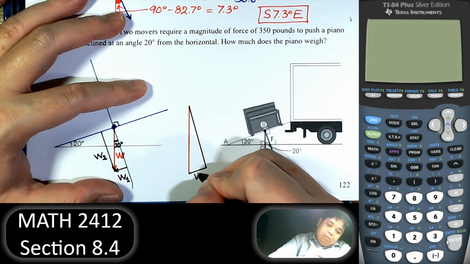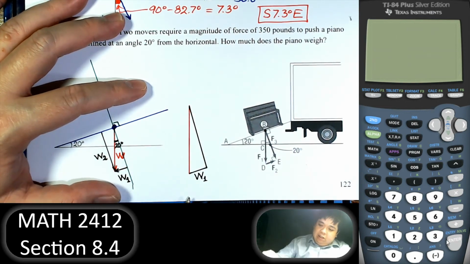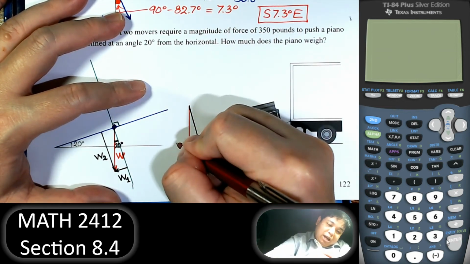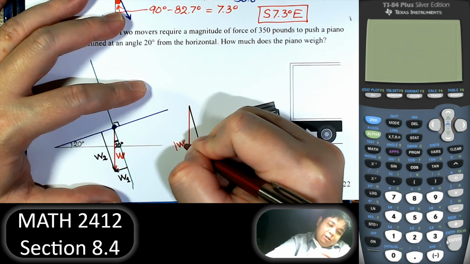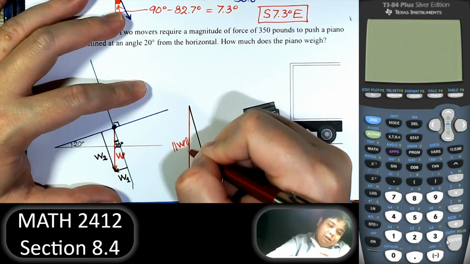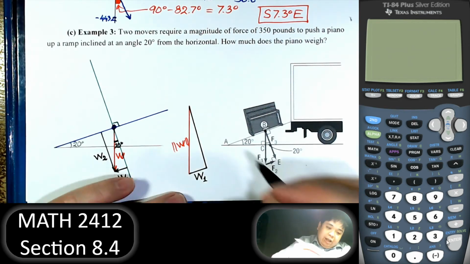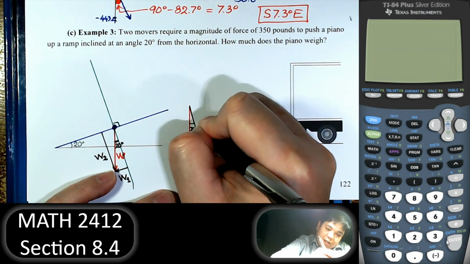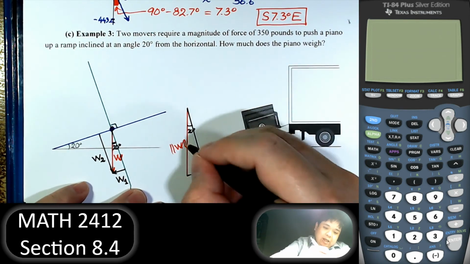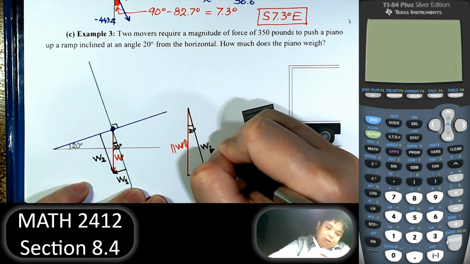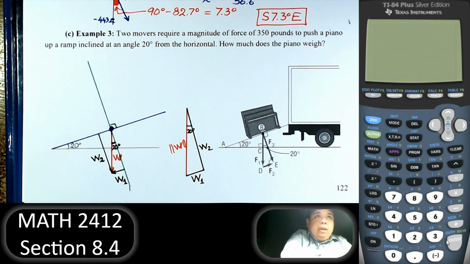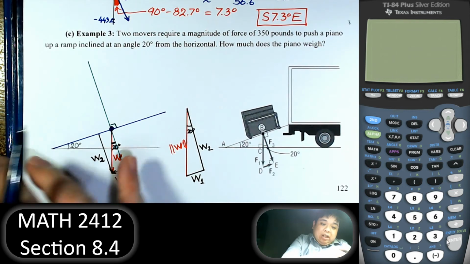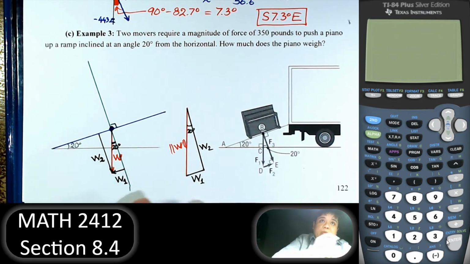Right, W1, and this is the magnitude of W, and the angle is 20 degrees, and this is W2. Now we decompose the weight into two components, W1 and W2.